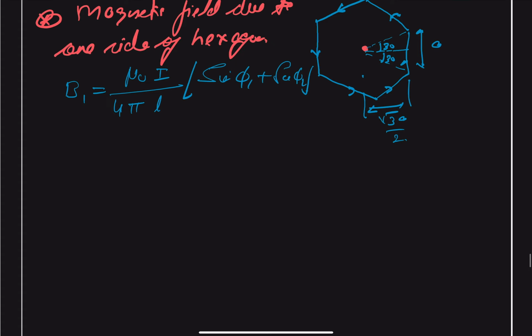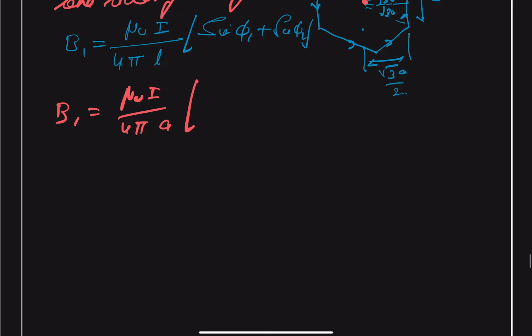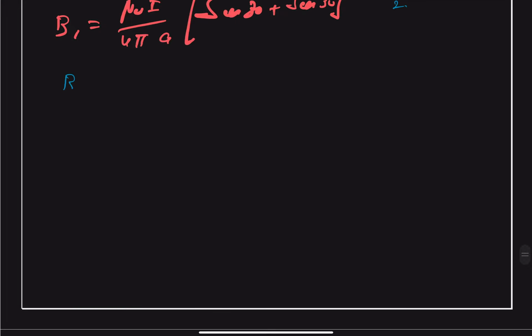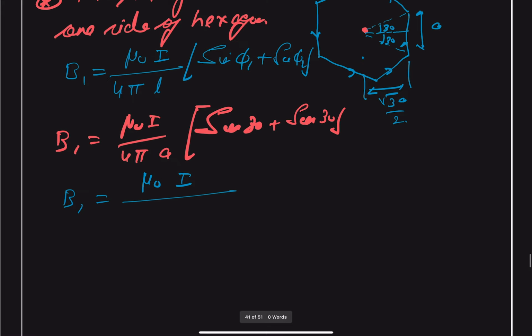Now we simply substitute the values. We get that our B1 will be equal to mu naught I upon 4 pi, side is given as A, and here we have sine of 30 plus sine of 30. So this gives us that our B1 will be equal to mu naught I, sorry, L is the perpendicular length.